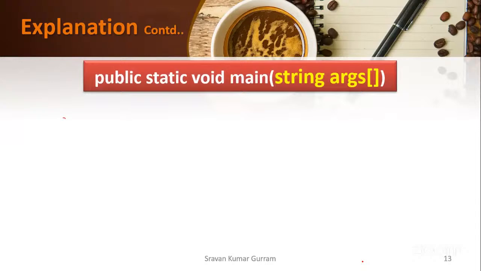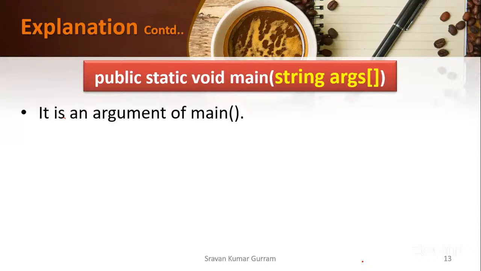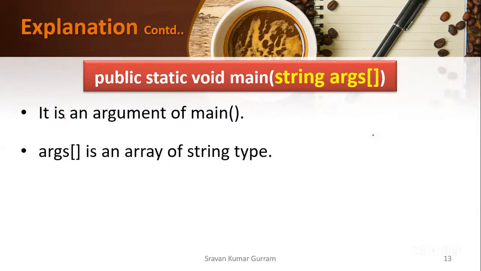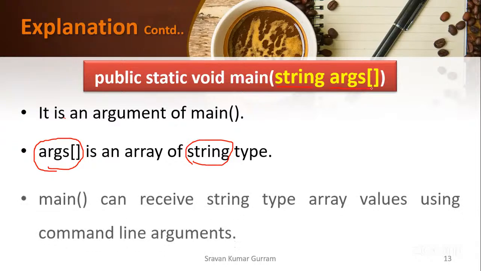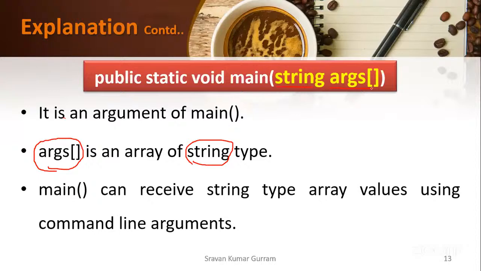Then what is String args? Actually, String is a class name. Args is a single dimensional array. It is an array of string type. This is the argument of the main method, where args is an array of string type. The data type of the args is String. The main method also can receive values in string type.